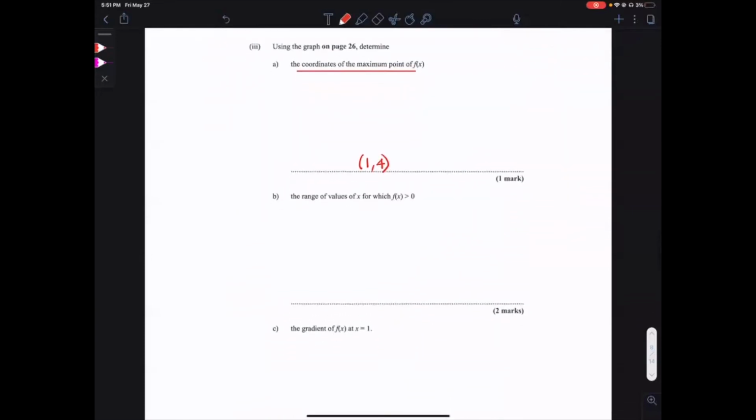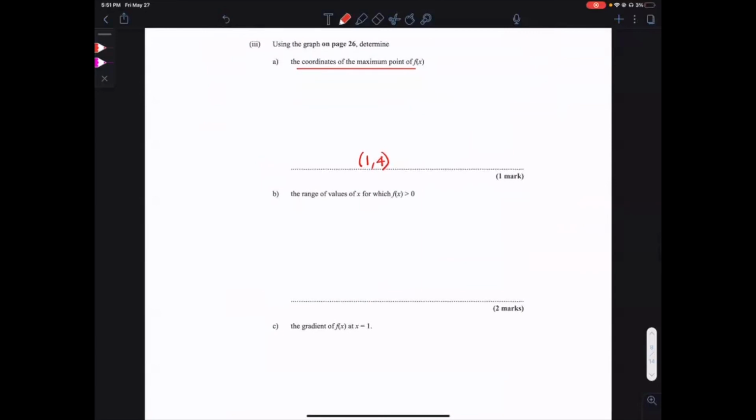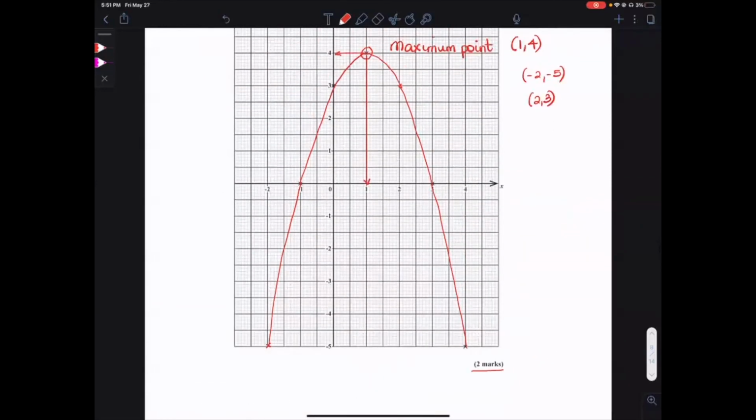The next thing they want, the range of values of X for which f of X is more than 0. So they're really looking for more than 0. They're looking for this part of the curve here. This part is where f of X is more than 0. The other part is the negative. So they're looking for the positive part, which is my yellow part there.